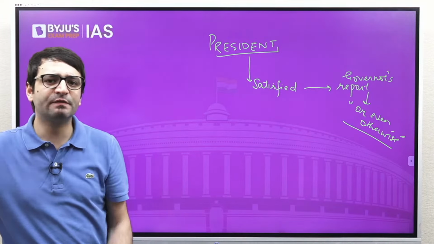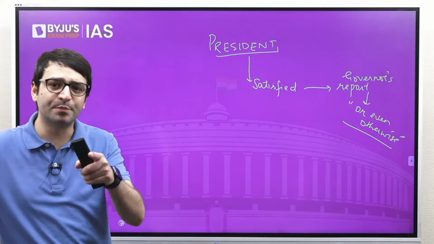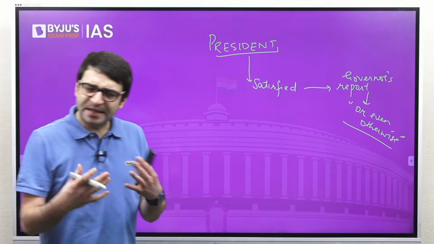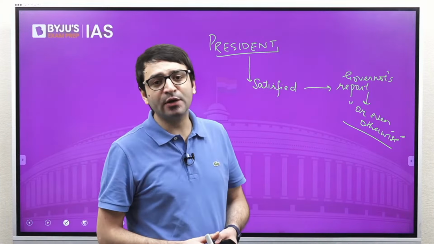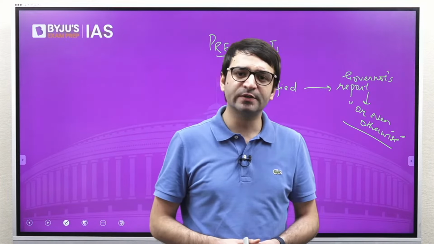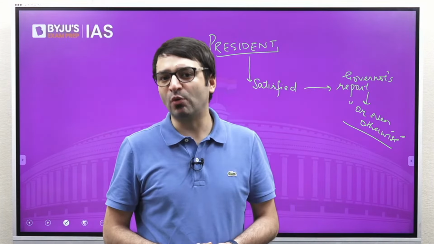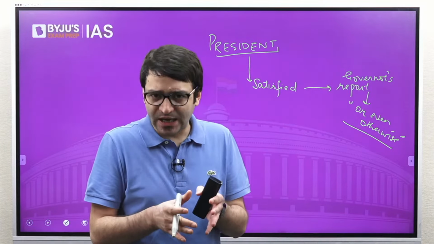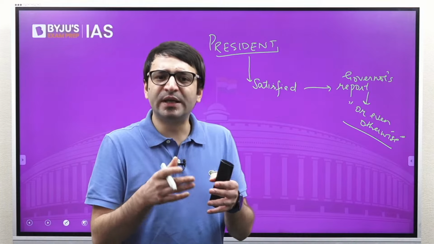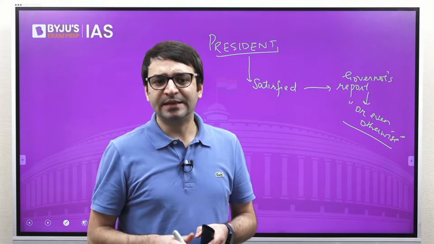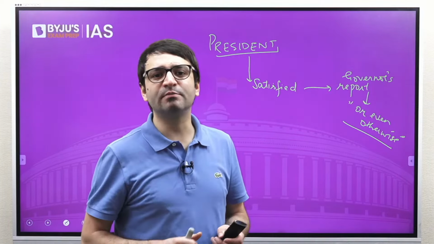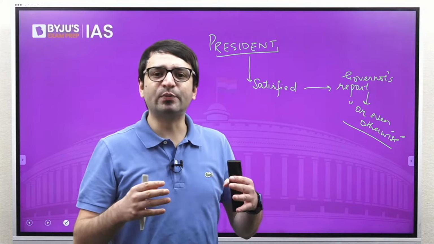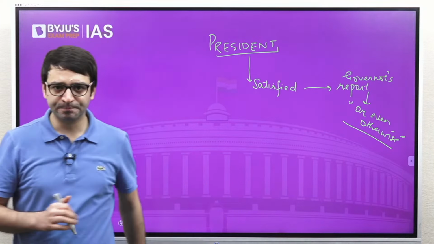There was a petition filed in Andhra Pradesh High Court, and basis that petition, the High Court of Andhra Pradesh decided to conduct an inquiry to see if there is a sufficient case under which we can recommend to the president that there is a breakdown of constitutional machinery in Andhra Pradesh so that we can have president's rule in Andhra Pradesh.